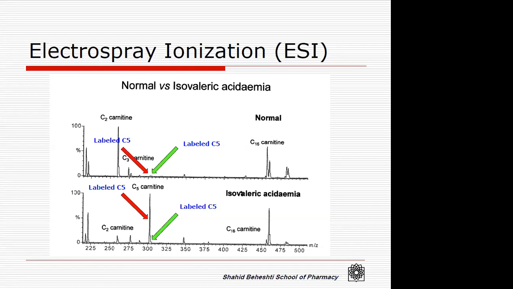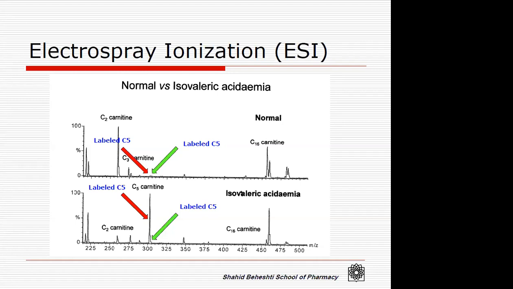And the main point is that we extract the dry blood spot with a methanol water solution, which contains the labeled biomarkers. The labeled biomarkers are used at the concentration which is called pathological concentration. And when we extract this dry blood spot with this methanol, which contains the labeled biomarkers, we will have the natural biomarkers extracted into the methanol.